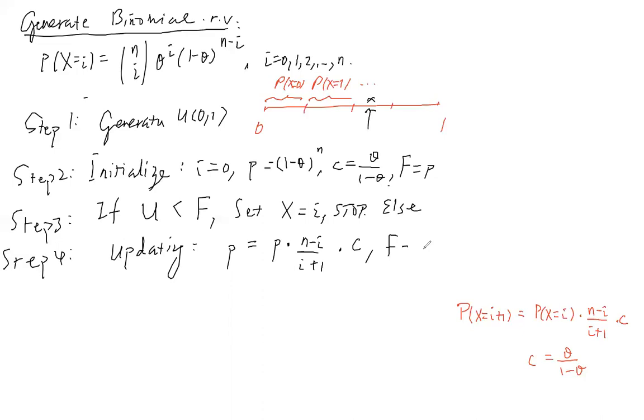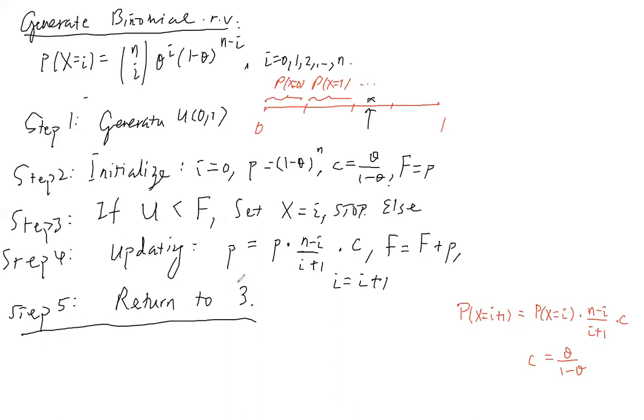And then your F will be updated as the previous F plus the new P, and your I is updated as I equals to I plus 1. Okay, and then of course your step 5 will be you return to 3. Okay. Right, okay. So that completes the generation for binomial as well, right?